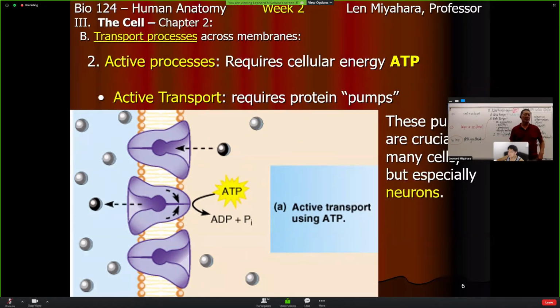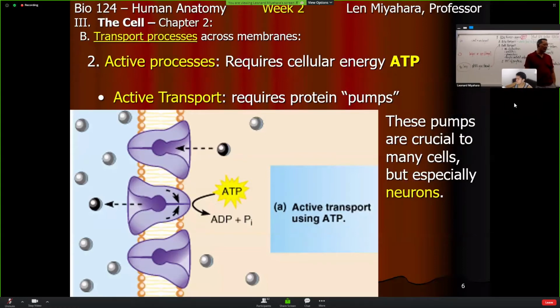So if you break off the last phosphate group, like what's in this picture, it goes to ADP, which means it has 2 phosphates left, and a free phosphate we call inorganic phosphate because it doesn't have carbon. By the way, that's what organic means in science.